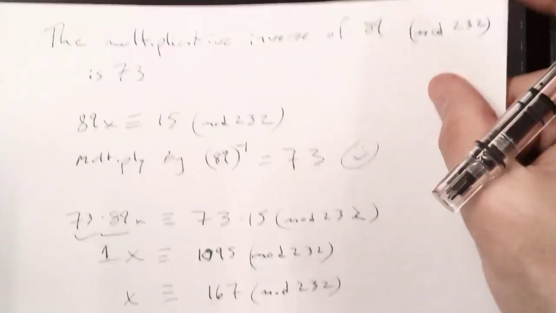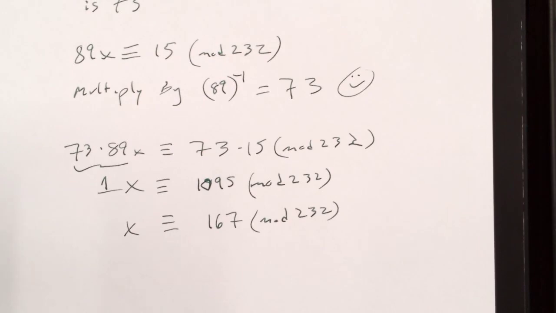Now, really, that means that any number congruent to 167 works. So there are technically infinitely many solutions to this, but this is the smallest positive solution.